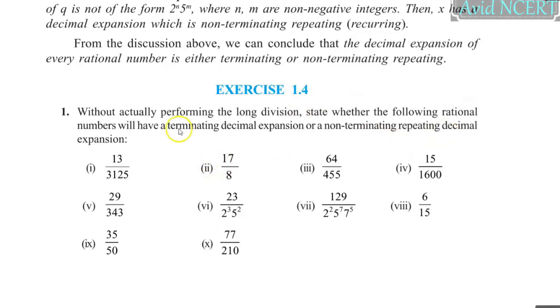In case of a terminating decimal expansion, the rational number will be of the form x equals p by q, where q will be of the form 2 power n or 5 power m or both. Whereas for a non-terminating repeating decimal expansion, the rational number will be of the form x equals p by q, where q will not be of the form 2 power n or 5 power m.